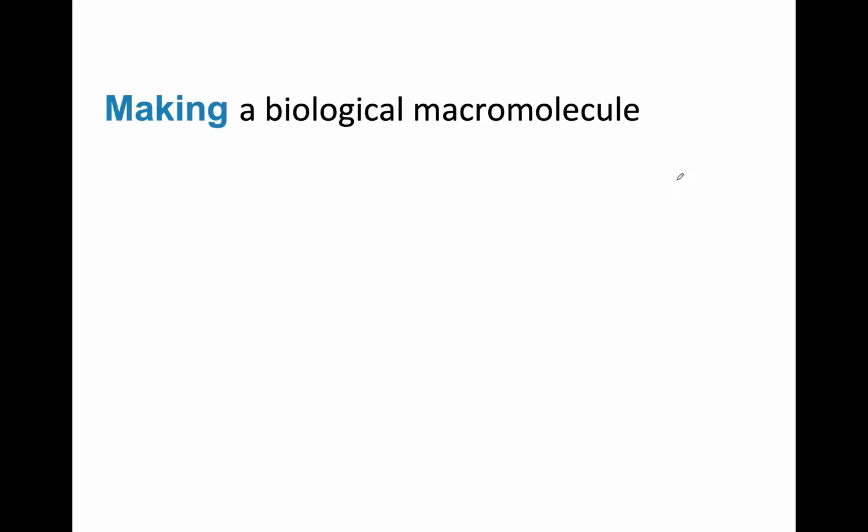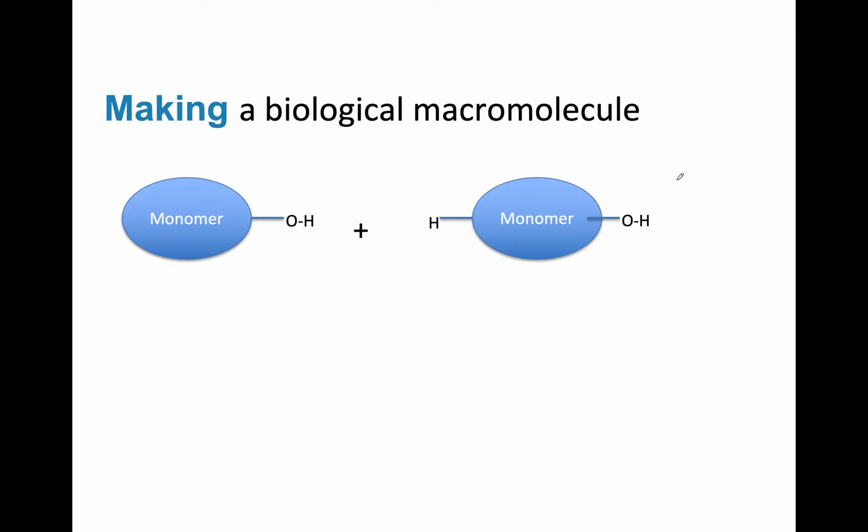Imagine making a really long Lego piece, and then you take those individual Lego pieces and attach them together. So those individual pieces that are attached together are called monomers, and each type of biological molecule has its own particular monomer, which we'll talk about later.